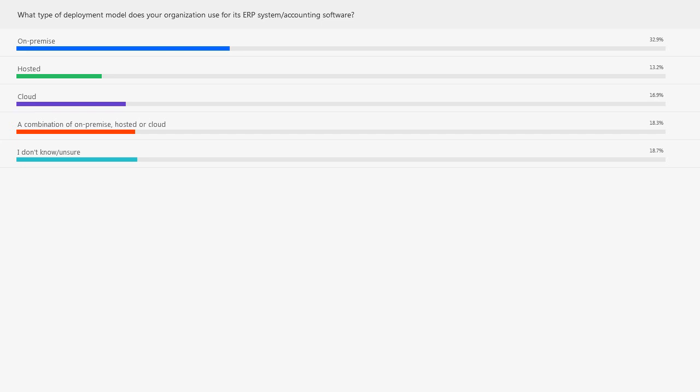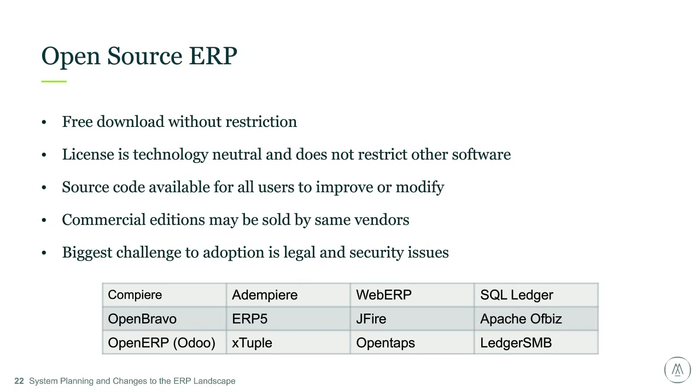So let's look at the ERP landscape from another dimension, and that is how they are licensed. We typically make a distinction between proprietary, also known as commercial ERP systems, and open source ERP systems.